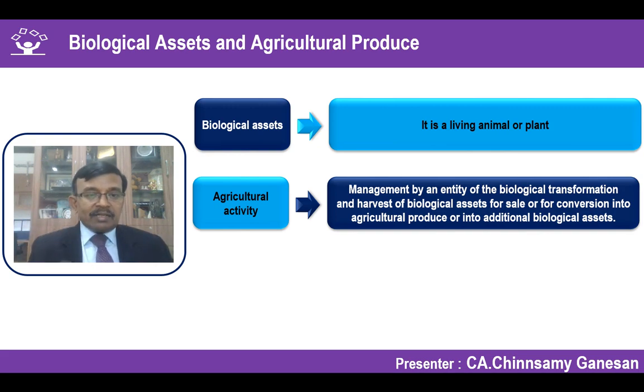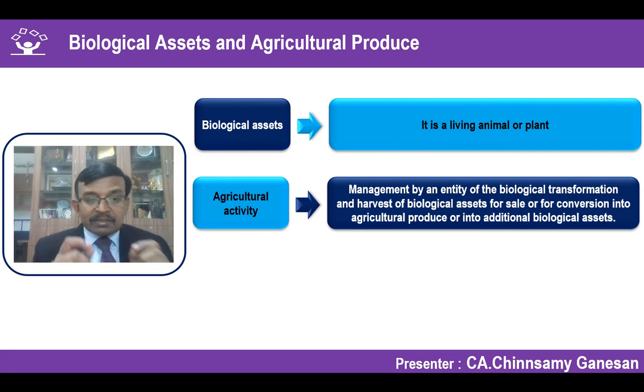But the majority of the entities are not selling the green tea leaves. Instead, what they do is they process the tea. Even if you are calling it green tea, there is a process which is undergone from the tea leaves which have been plucked out of the tea bushes. After processing, that becomes an agricultural produce, or it may be converted into another biological asset.